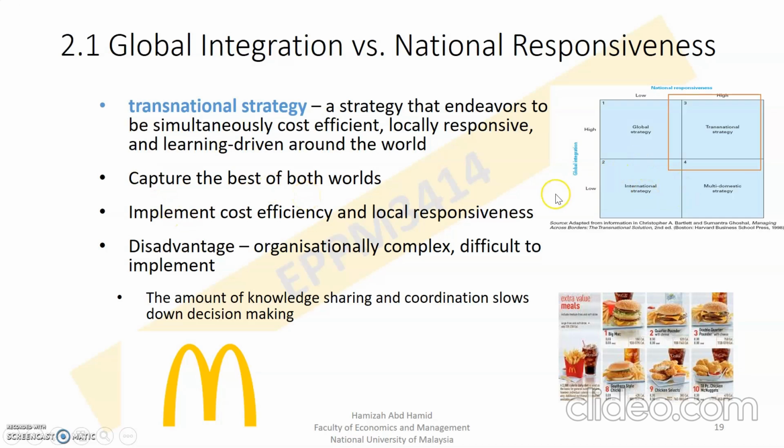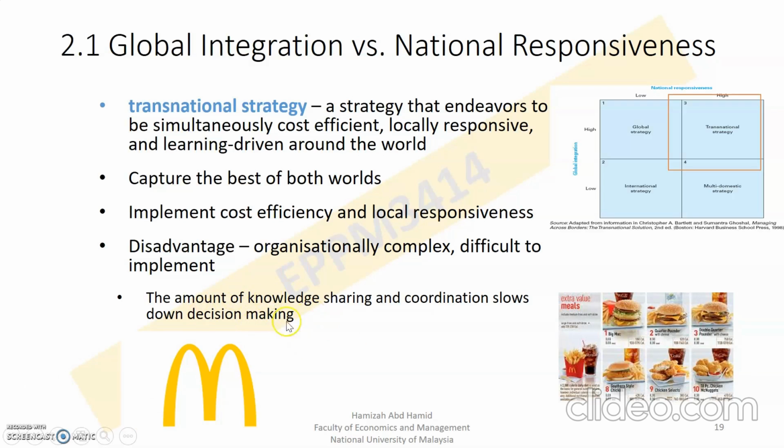Now, both worlds here meaning global integration and also national responsiveness. Why? Because the company will implement cost efficiency due to high extent of global integration and local responsiveness. This is quite ideal, but organizationally it's complex, and it's rather difficult to implement, because there will be a high level of coordination and also knowledge sharing.